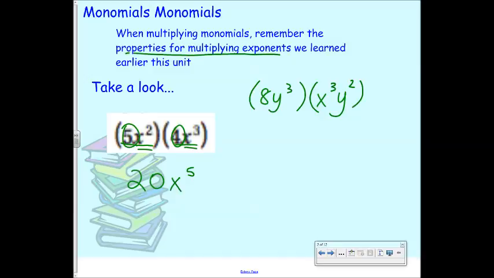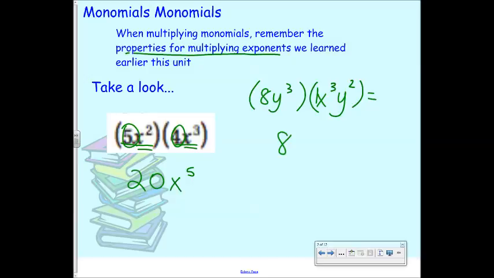Imaginary 1 in there. So Guillermo, if I put an imaginary 1 in here, then in my answer, what's the coefficient of my answer going to be? 8. Why is it still 8, Guillermo? 8 times 1 still gives you 8. Good. What about the variables in there? What do you think the variables in my answer should be?